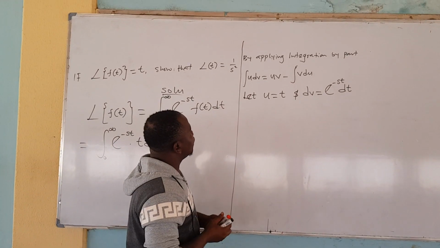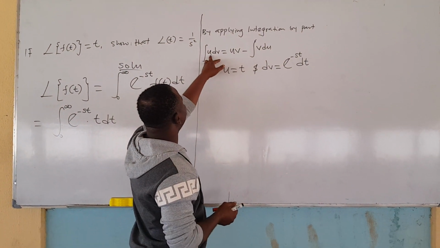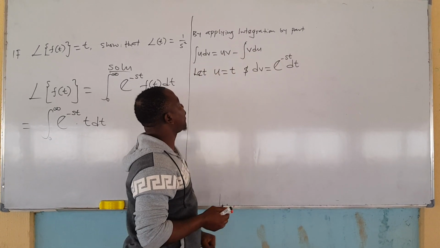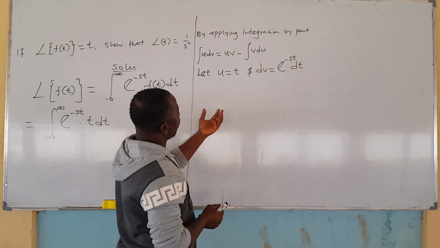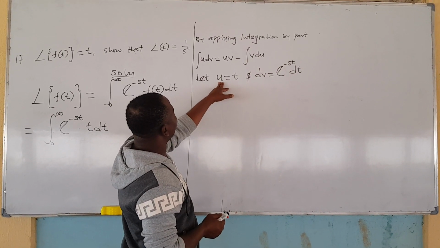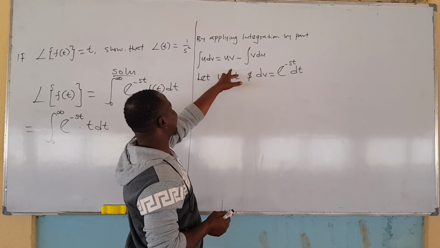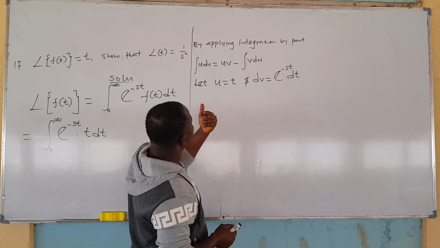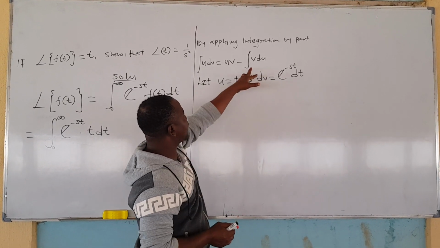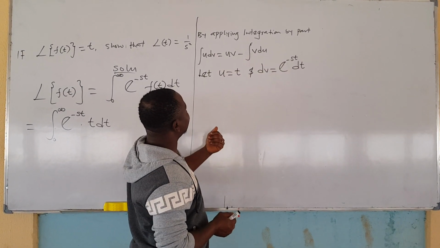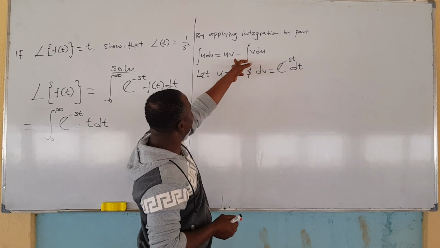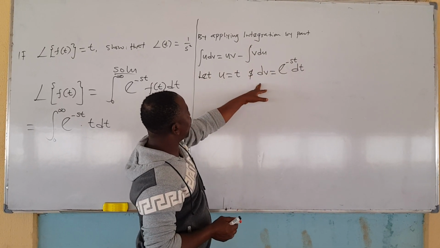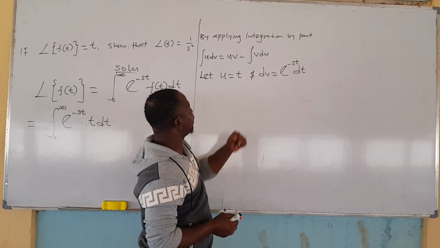You know the formula here, we have the integral of u dv equals uv minus the integral of v du. We are able to obtain our ordinary u as t. Then we need to find our du, and we also need to find our ordinary v, which we get from our dv.